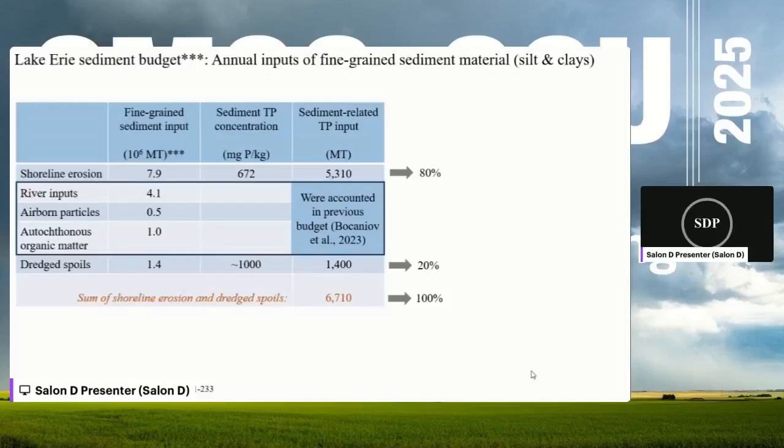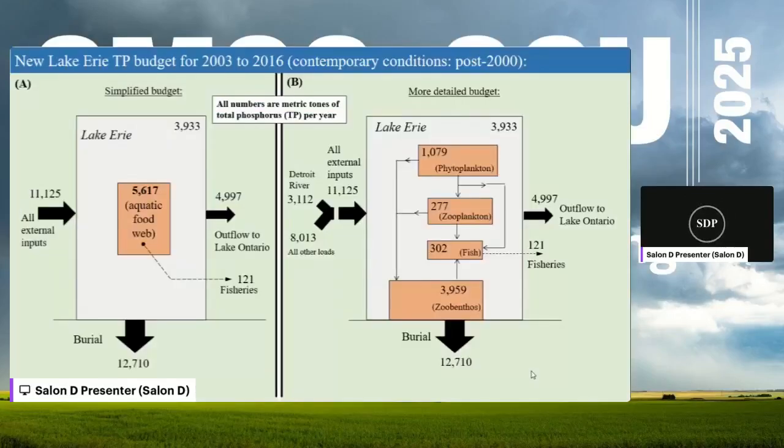If we use a very conservative value for those river sediments, it's about 1,000. So if you sum up, it comes to exactly 6,700 metric tons. Shoreline erosion plus dredge spoils, the sediment moved from one location to another from river deltas, is able to cover that deficit.